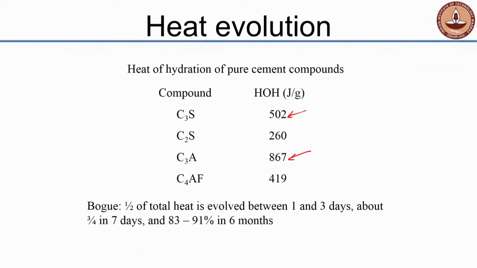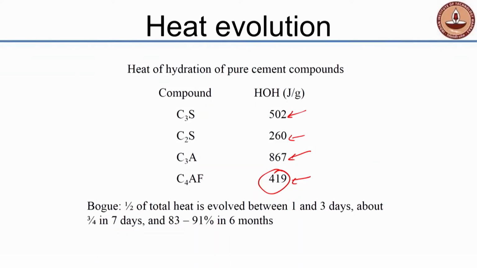So, C3A is the highest, of course, followed by C3S, and then you have C4AF and C2S. Now, I talked about the fact earlier that C4AF is a material that may not end up reacting for a long period of time, and in fact, in the long term itself you may not be able to find too much of C4AF that is actually reacted in the system. Okay?